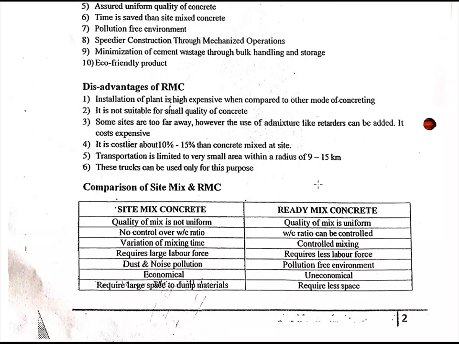That means two to three RMC trucks you may require for a small house around 30 by 40 site, that kind of slab, you know. So sometimes some sites are too far, so admixtures have to be added, like retarders, because while traveling the concrete may get hardened in the truck itself. So to avoid that, we have to add some retarders to slow down its hardening property.